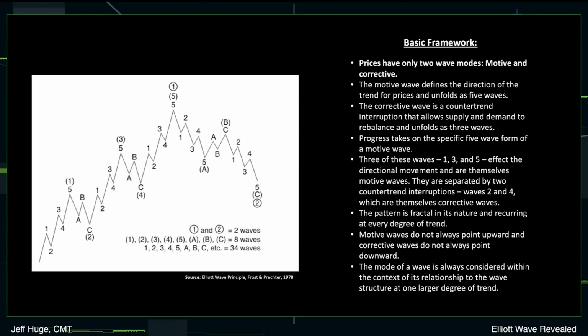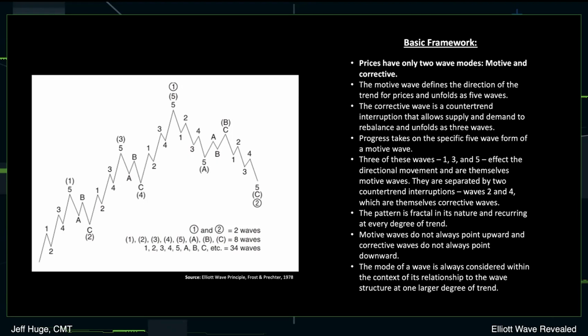So you can see that waves 1, 2, 3, 4, and 5 that are defined by parentheses also have 5 waves advancing in wave 1, 3 waves retracing in wave 2, 5 waves advancing in wave 3, 3 waves retracing in wave 4, and then finally 5 waves advancing in wave 5.